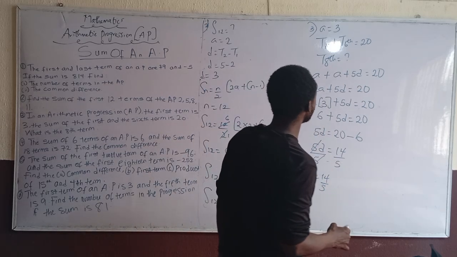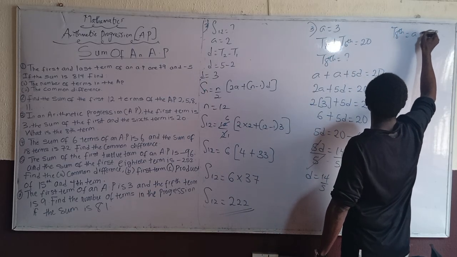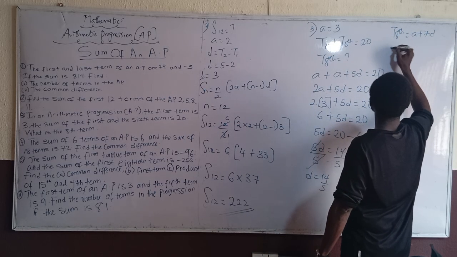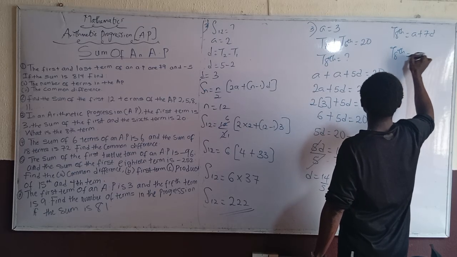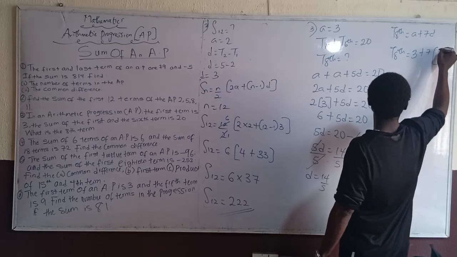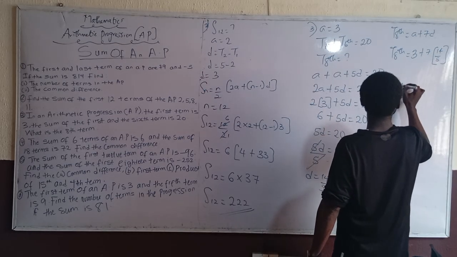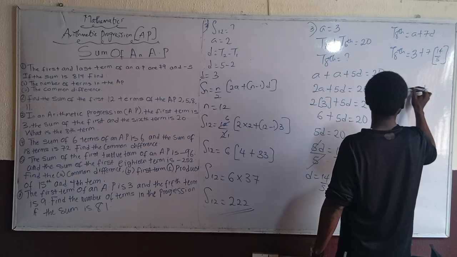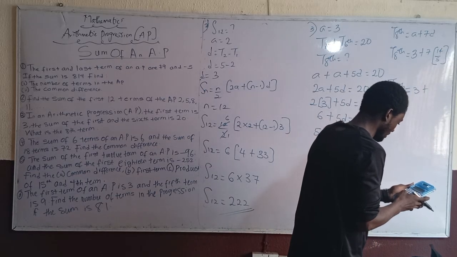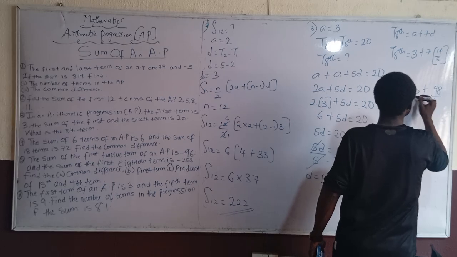Then they said find what? T8. So T8 is A plus 7D. See, my A is 3 plus 7 times my D, 14 over 5. So T8 is 3 plus 7 times 14, that is 98 divided by 5.